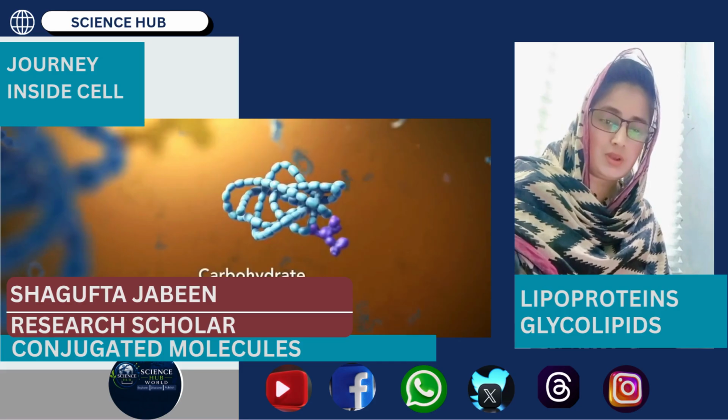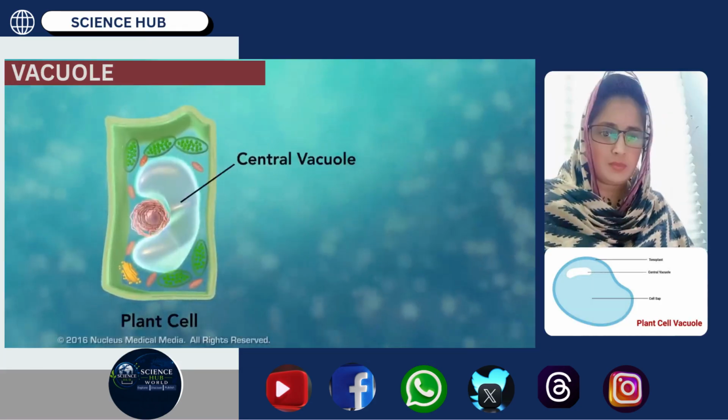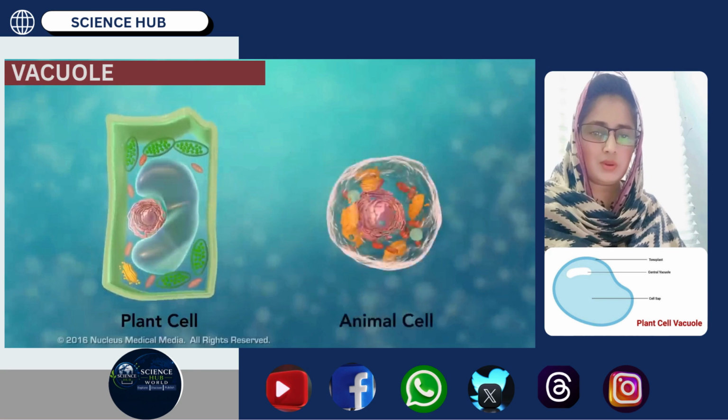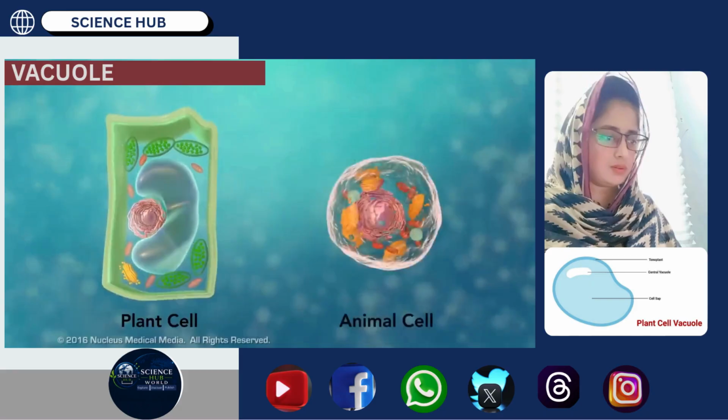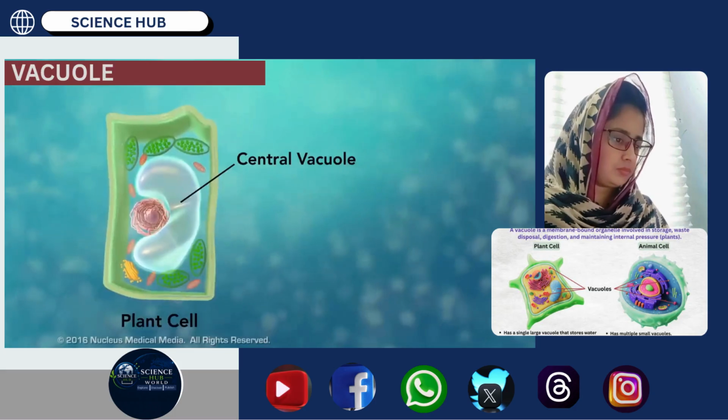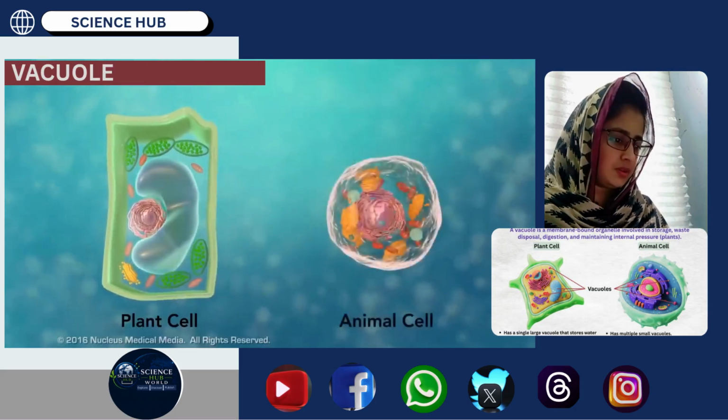Here you can see the vacuole. Vacuole stores the different waste materials or the water molecules and different components. In plant cells, they store the water. Here you can see the structure. They are basically sac-like structures.